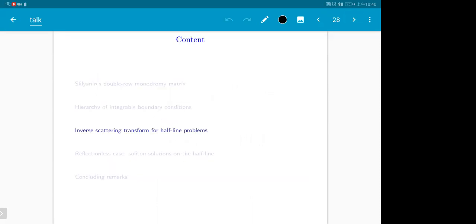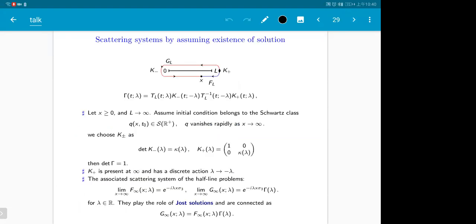Okay, so let's go to the inverse scattering part. Let's recall the definition of the double row monodromy matrix that we showed previously. Our idea is to extend this arrow to infinity.